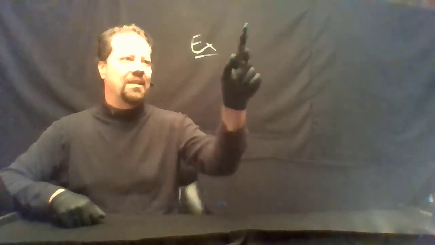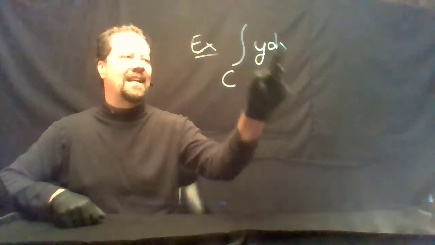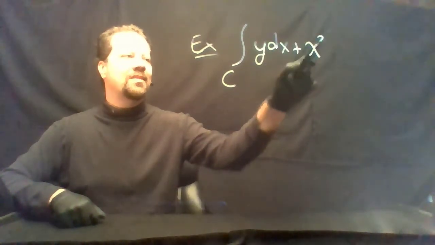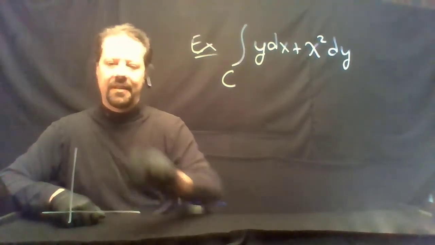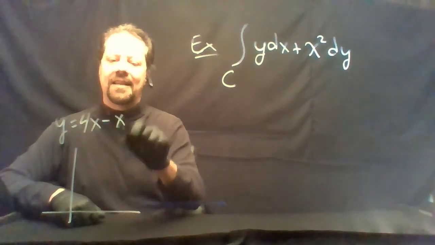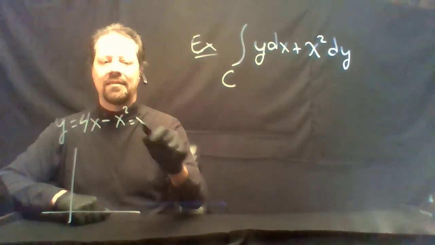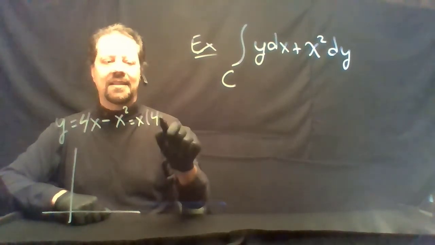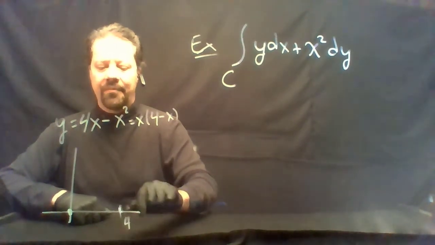In our next example, I'd like to integrate along a curve. Let's do y dx plus x squared dy. And the curve is going to be y equals 4x minus x squared. This is a parabola opening down. You can factor to get x times 4 minus x to see that the intercepts are 0 and 4.